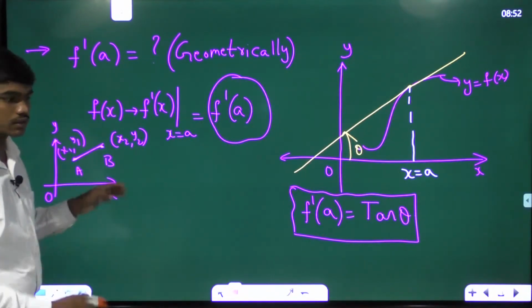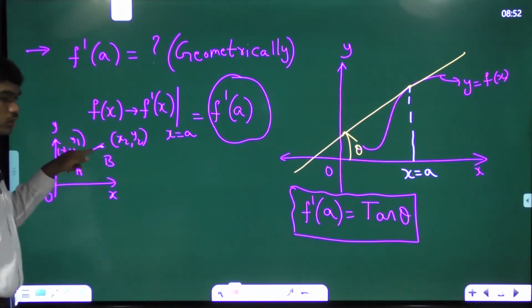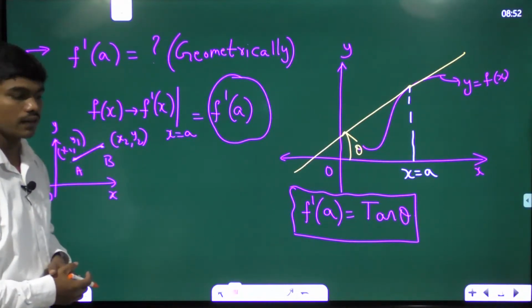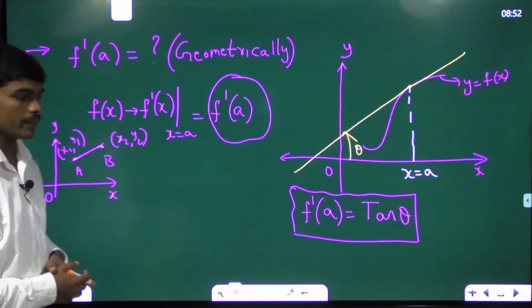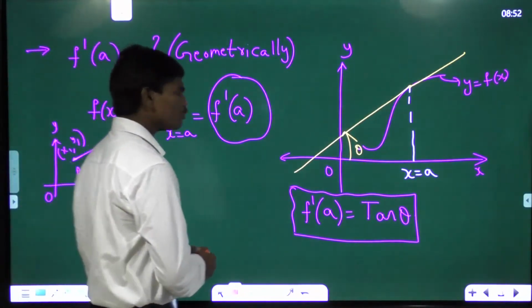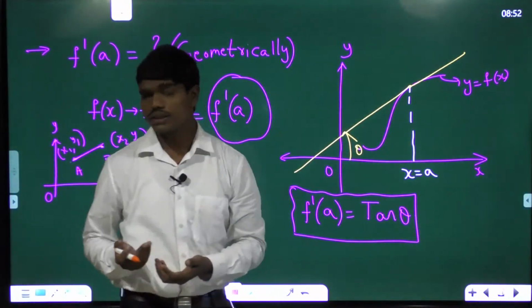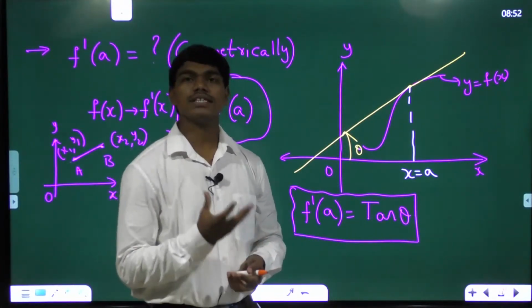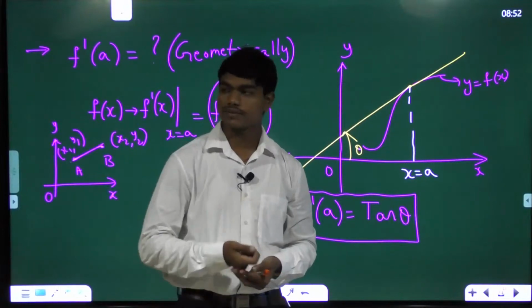Is there any answer for that? y2 minus y1 divided by x2 minus x1. Correct. Many of you are writing it correctly.